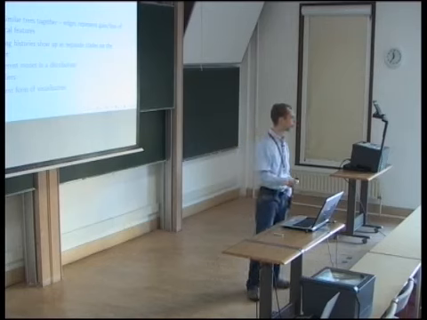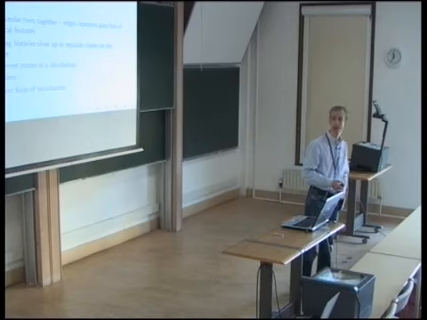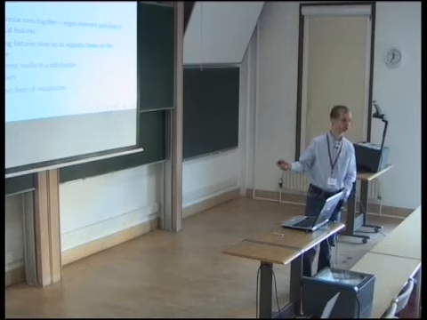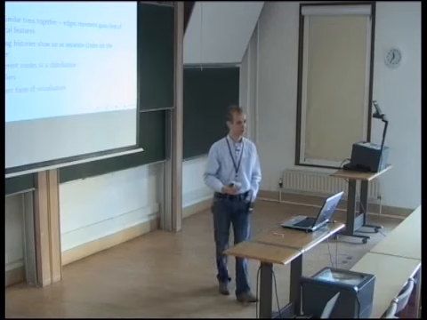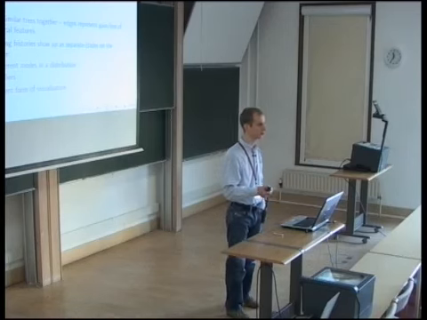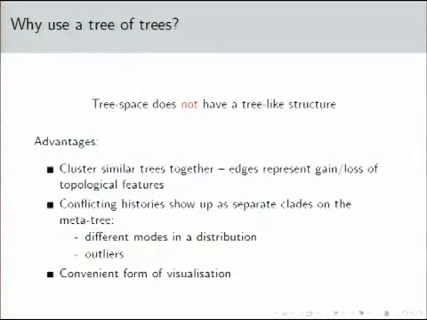There's an obvious objection to this, and that's that tree space does not intrinsically have a tree-like structure. So in some ways, doing this might not be a very sensible thing to do. On the other hand, there are certain advantages. A meta-tree will tend to cluster similar trees together, and conflicting histories are going to show up as different groups on the meta-tree.